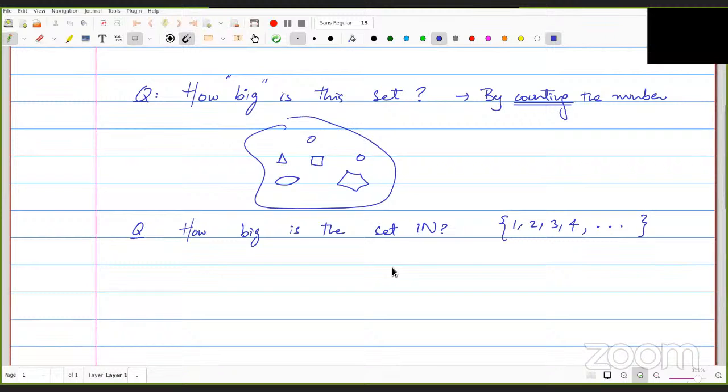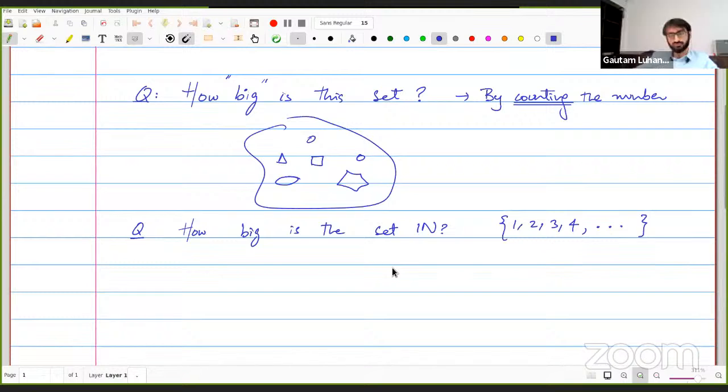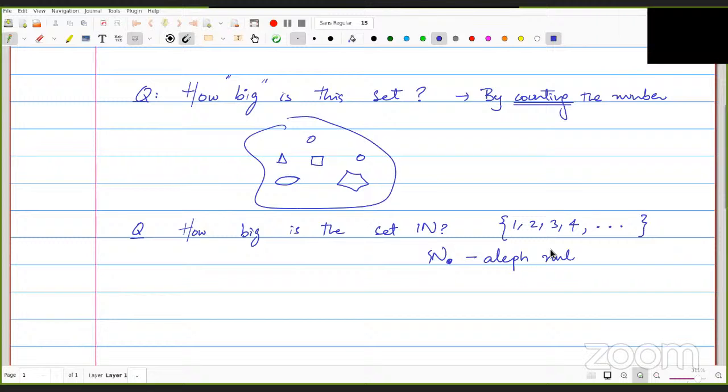Aleph null. Okay, so let's call it Aleph null. Before we get into that idea of Aleph null, could you expound upon what you mean by Aleph null? It's infinitely large.